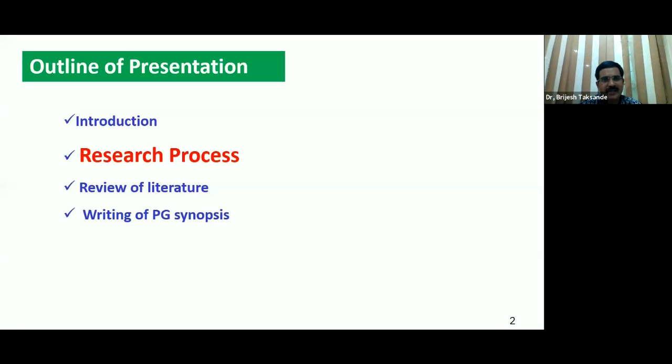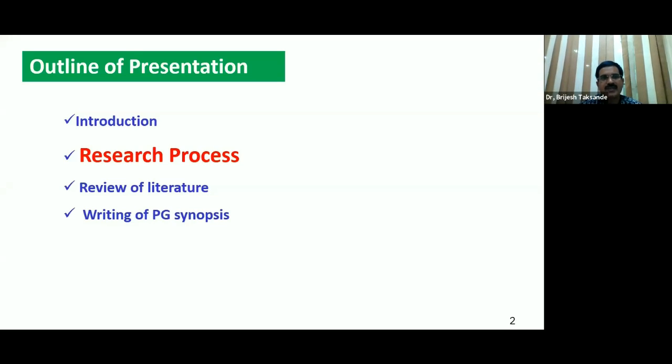Then I will be dealing with the different research processes involved in post-graduation in pharmaceutical sciences. Then we'll see how to collect the review of literature, how to gather information from different domains available online, and how to zero in on one specific topic or component, so that it will be applicable for research exploration at the PG level. And finally, as Umekar sir explained, your synopsis submission is due in August.